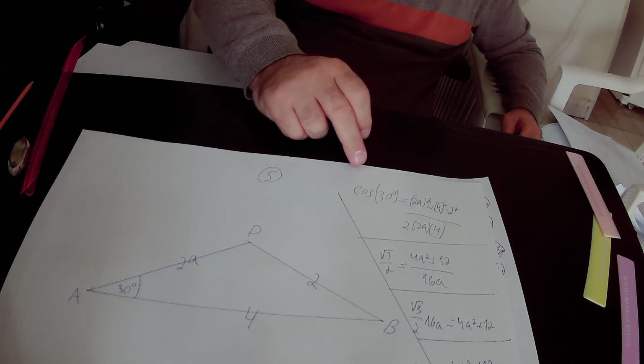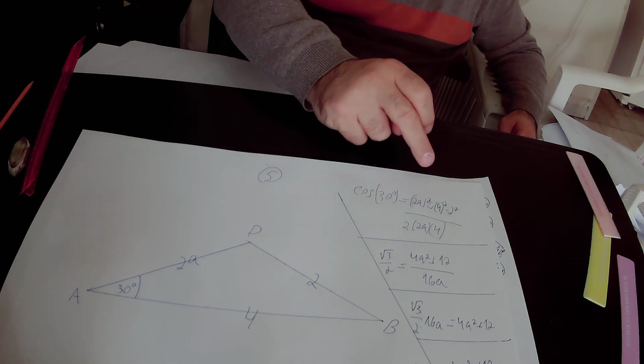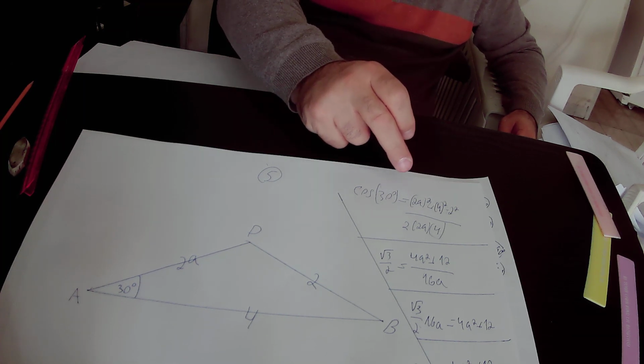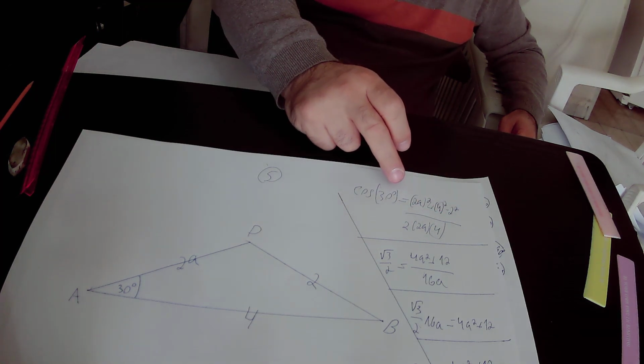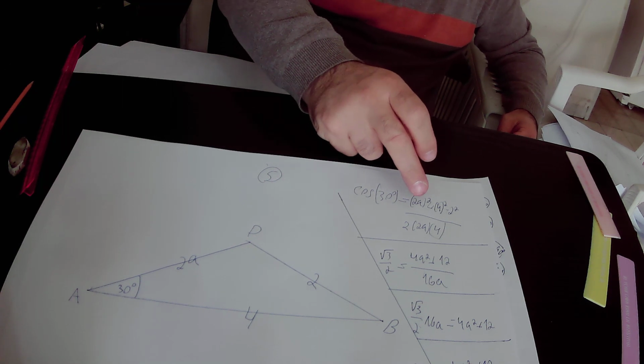Cosine 30 degrees is square root of 3 over 2. 2A squared is 4A squared. 4 squared is 16, minus 2 squared is minus 4, so 16 minus 4 is 12. In the numerator we have 4A squared plus 12, and in the denominator 2 times 4 is 8, and 8 times 2A is 16A.